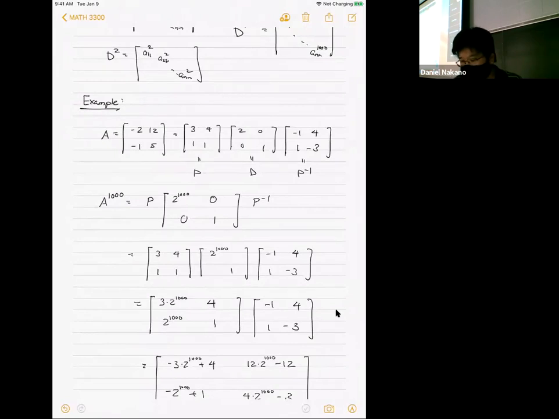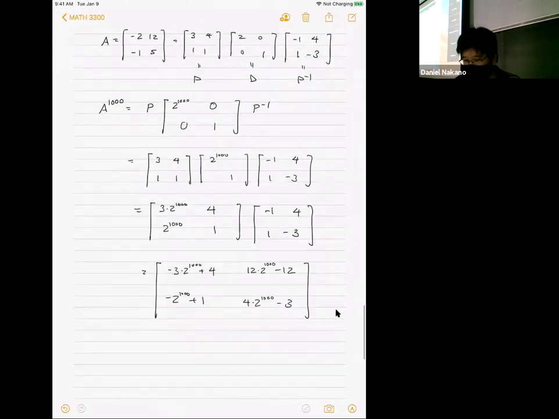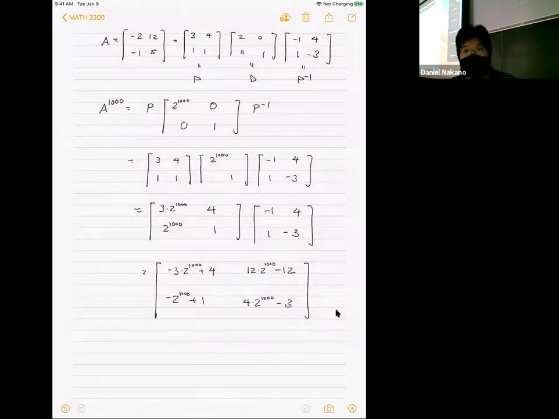But if you have a decomposition like this, you can write it in this very nice form via the eigenvalues of A. Remember, the eigenvalues of A are the same as the eigenvalues of the diagonal matrix, because they're similar. Okay, any questions? So this is why eigenvalues are quite important.